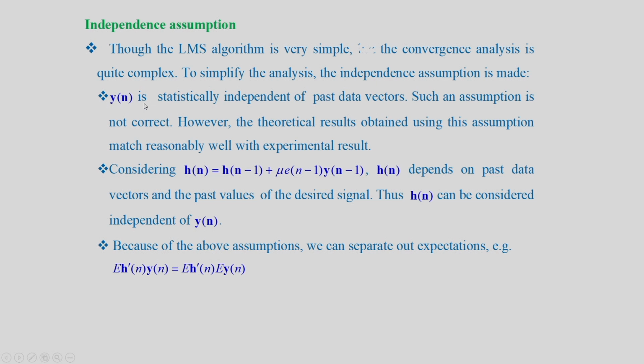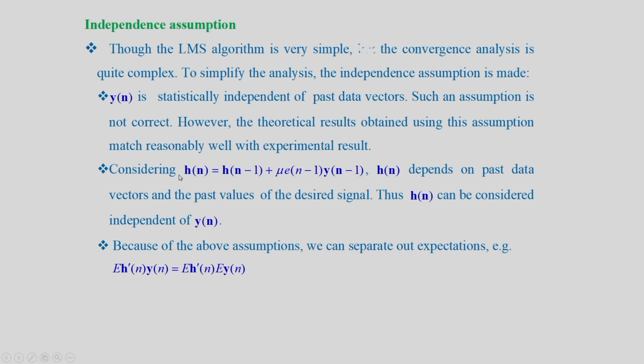The data vector y(n) is statistically independent of past data vectors. This is the assumption. Such an assumption is not correct, because all data vectors will be dependent only. However, the theoretical results obtained using this assumption match reasonably well with the experimental results.